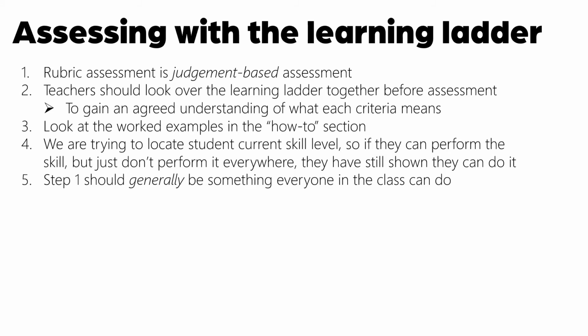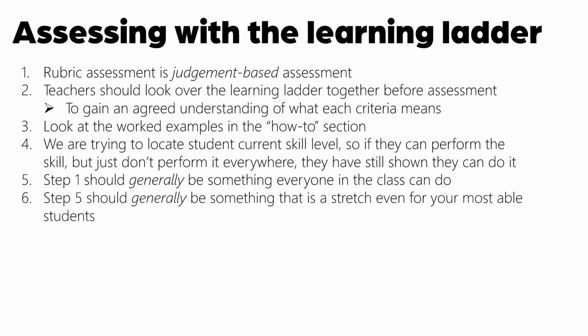You could say students can identify a timeline. You show them a timeline and an essay, and they can tell you which one's the timeline and which one's the essay. So if in your professional judgment the learning ladder at the lowest level does not capture the lowest ability students in your class, then I would recommend coming up with your own criteria that's lower than that.